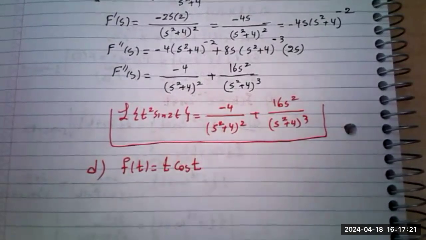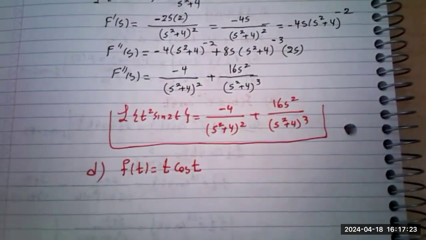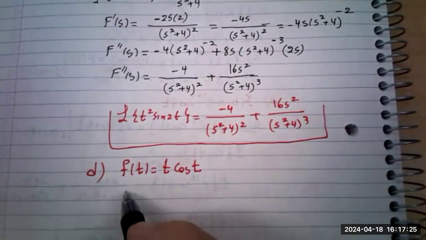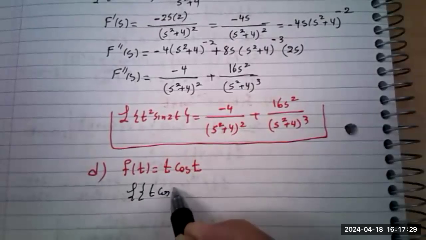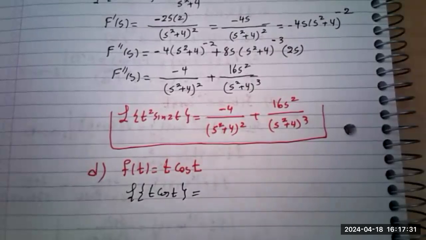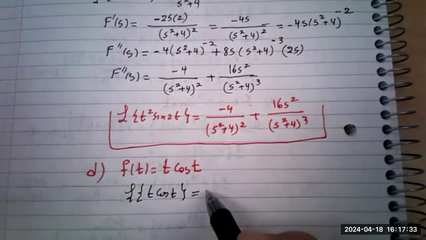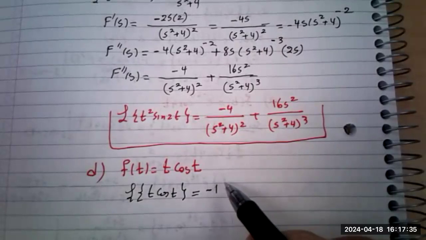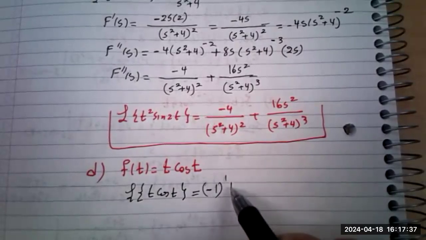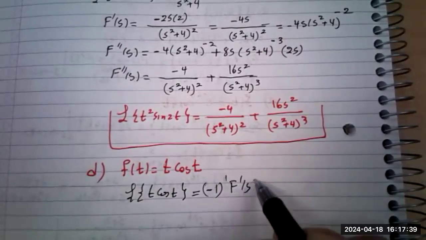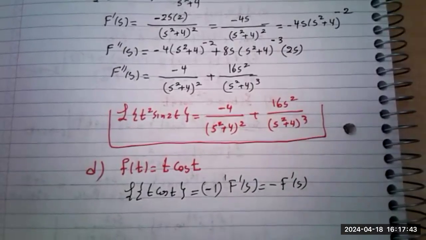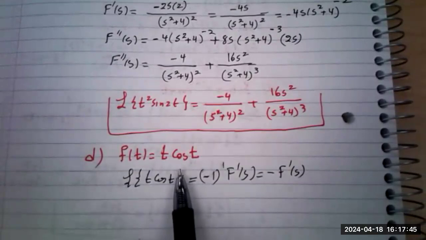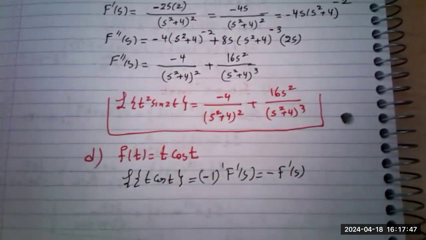Since the power is 1, you just need the first derivative. So the Laplace of t cosine of t would be -1 times f prime, which is negative f prime of s. But you have to find the Laplace of that function and then differentiate. Okay, so there you are.